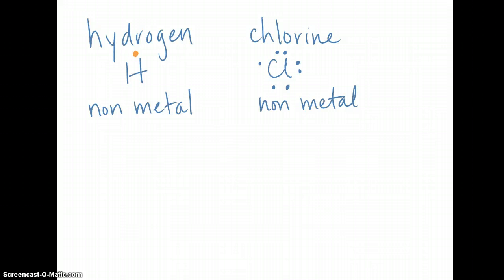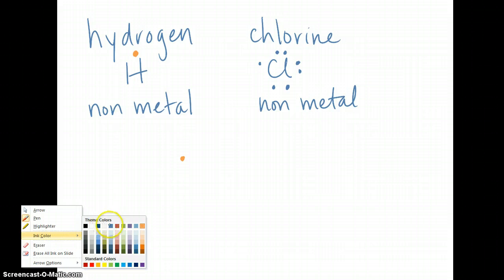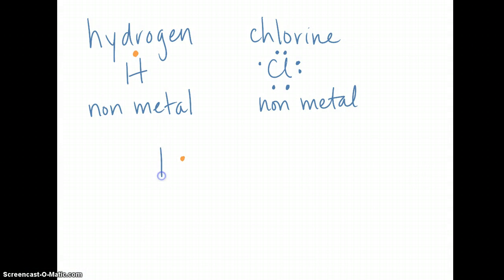So it's a little bit different. In ionic bonds, we had metals with nonmetals, but now with 2 nonmetals, what happens instead is that the hydrogen wants to have a total of 2 electrons. So why do I say that? Well, if you look at your periodic table, you'll see that hydrogen has only 1 electron in its shell, meaning it only has 1 shell. It wants to have 2. That makes a complete shell. Chlorine, on the other hand, wants to have 8 electrons.